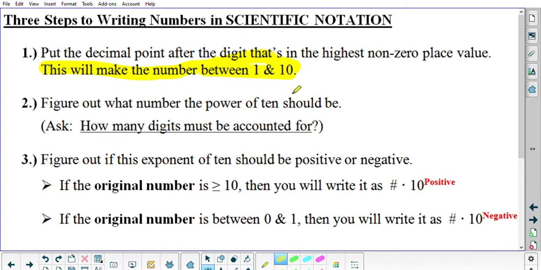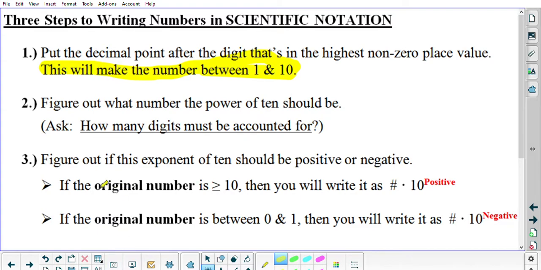Second part, we're going to figure out what power of 10 we need. The way we're going to do that is we're going to ask ourselves how many digits must be accounted for from where the decimal point used to be to where it's now being placed in step 1. Then the third step, we need to figure out if this exponent of 10 is going to be positive or negative.